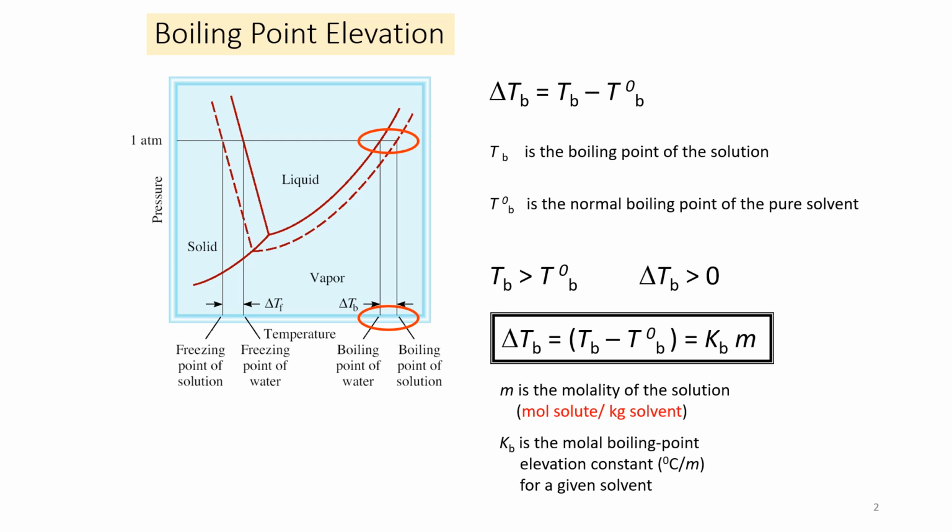And Kb is the molal boiling point elevation constant for a given solvent. When we get this delta Tb, we can also calculate the molar mass of the solute. We can substitute the value into this formula so that we can find the molar mass of a given solute.